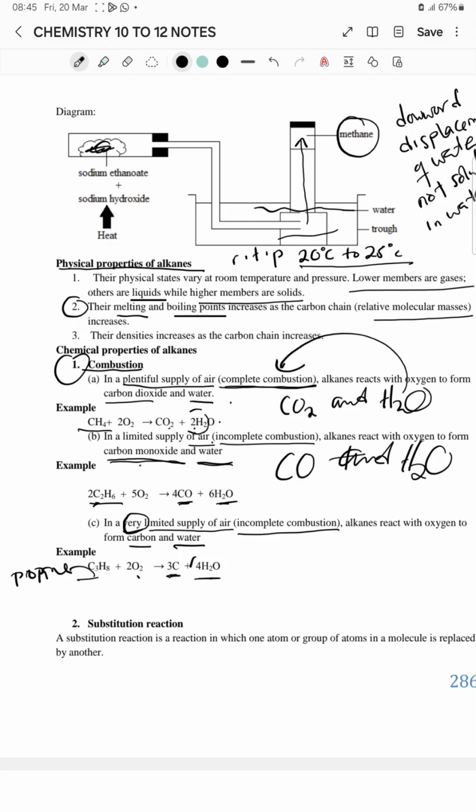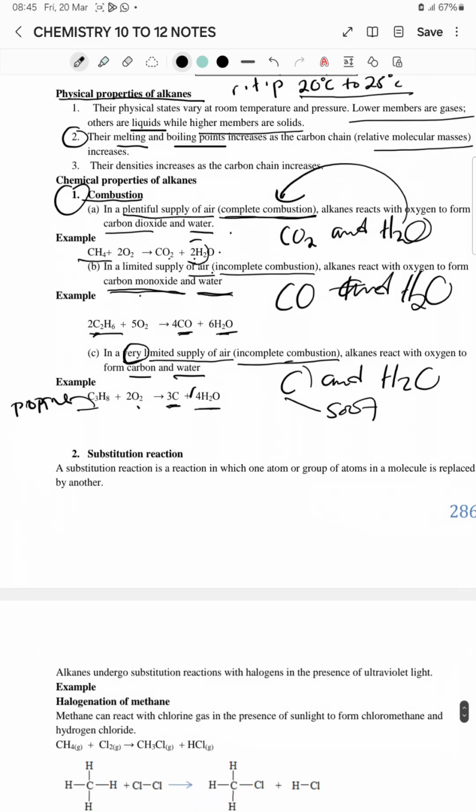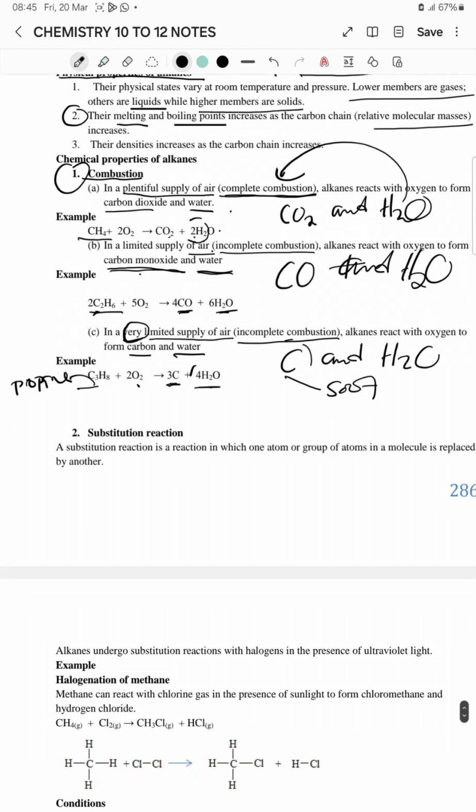For C, when there is a very limited supply of air, what will be formed is carbon and H2O. This carbon which is formed is what we call soot, or bent carbon. So that's about that. Now we go to the second reaction.